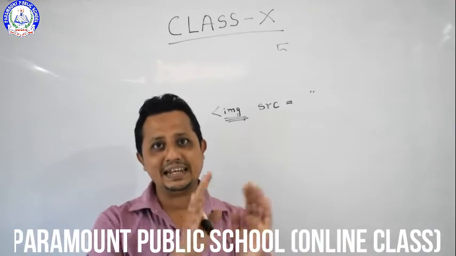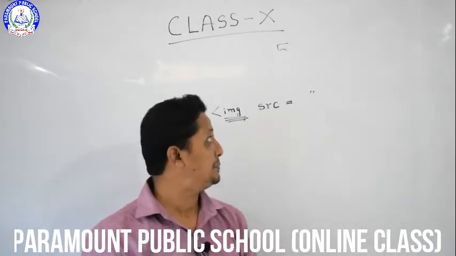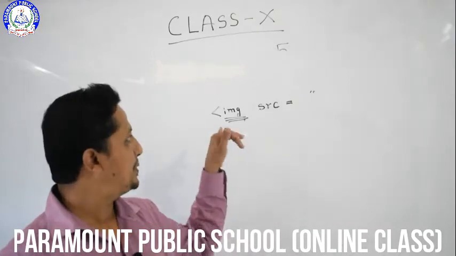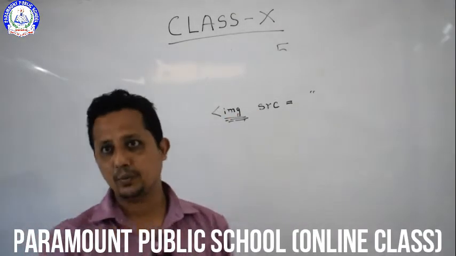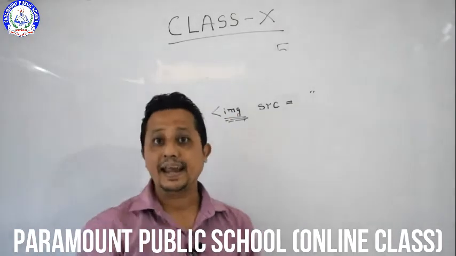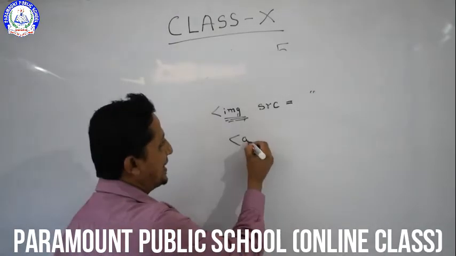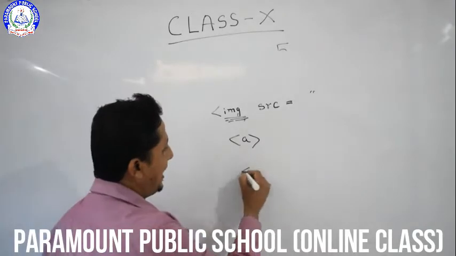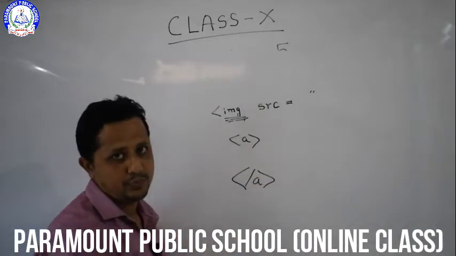So it was there in HTML, like the img tag. The img tag is an empty element because it does not have an off tag, but the anchor tag, a tag, is a container element because it has both on and off.